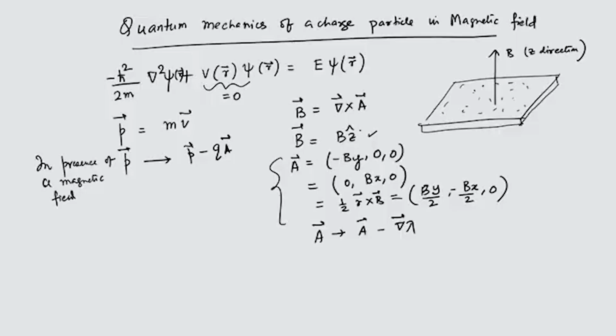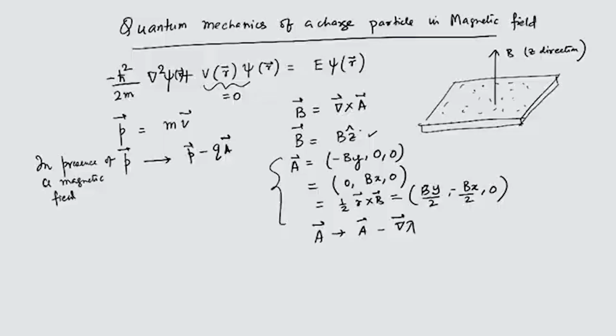That's why there are these choices of A along with this minus gradient of lambda, and these are called the gauge choices. Finally, the results that you get are physical results, physical observables, so they won't depend upon which choice of A you have taken, or what choice of lambda you have taken. All right.